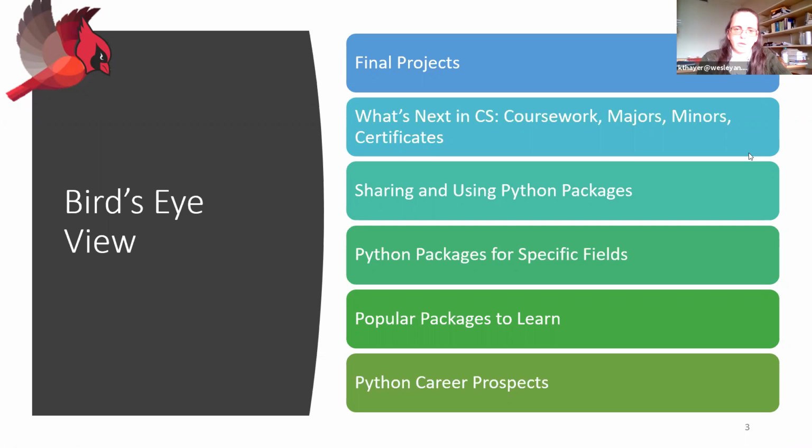Also, this semester I've started offering some workshops that could be of interest to you: sharing and using Python packages, which is a very useful skill and something you might want to look into doing; Python packages for specific fields, and which packages you might want to learn next; some more popular packages to learn; and finally, some career prospects in Python. And since it made it into the PowerPoint, let me tell you, it's very good, especially for working from home.